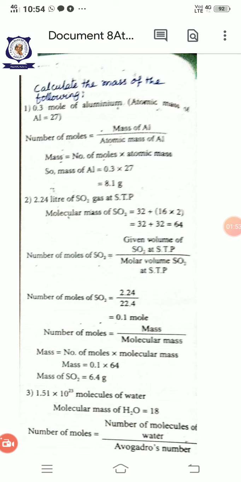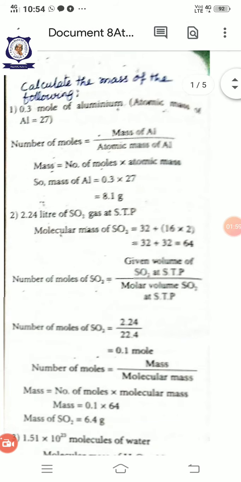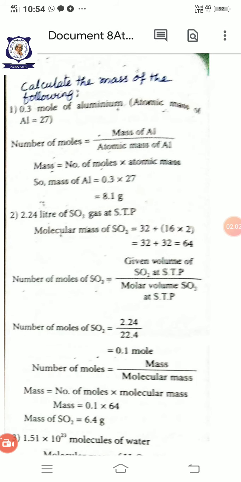See, let us see the first example. Calculate the mass of the following. 0.3 mole of aluminium. We have to convert this into mass. So we know the formula, number of moles is equal to mass of aluminium by atomic mass of aluminium.